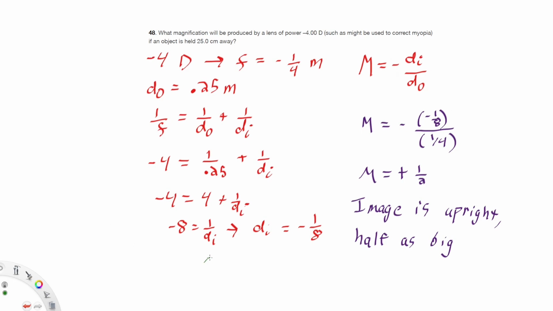So we have a lens here. Oh, you know what? It's a diverging lens because we're nearsighted. So the lens is going to look something like that. We have an object over here.